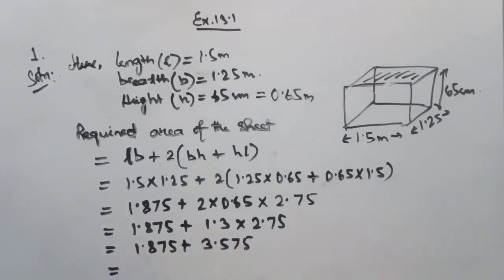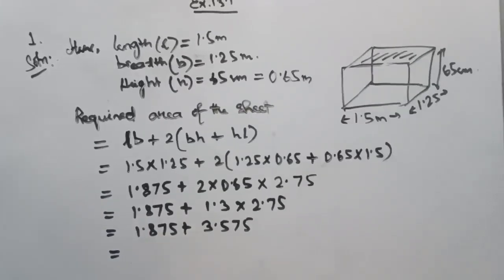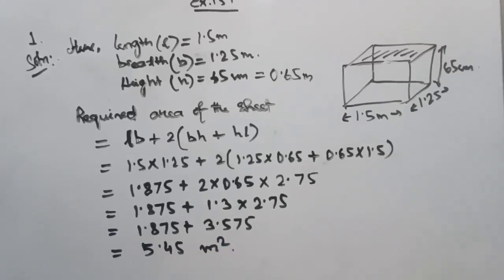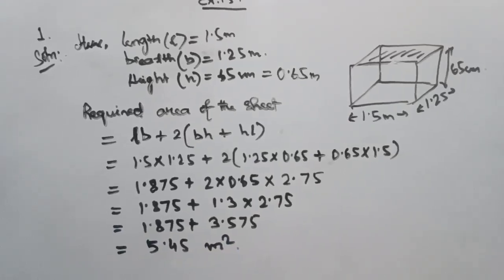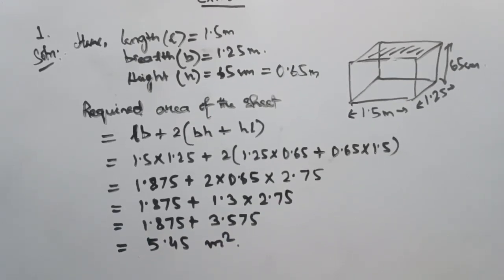Now adding this 2, we will get 5.45 meter square. Therefore, the required area of the sheet to make the plastic box is 5.45 meter square.